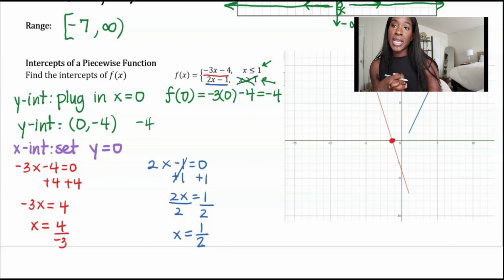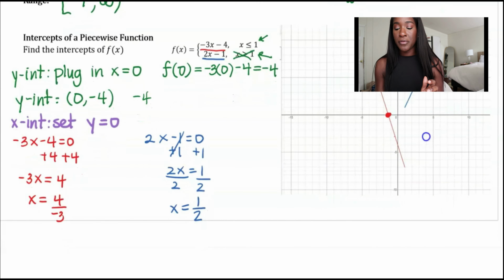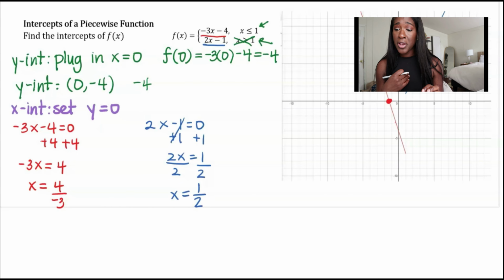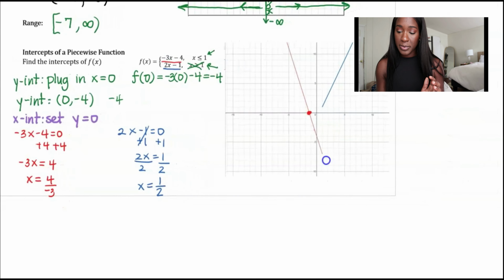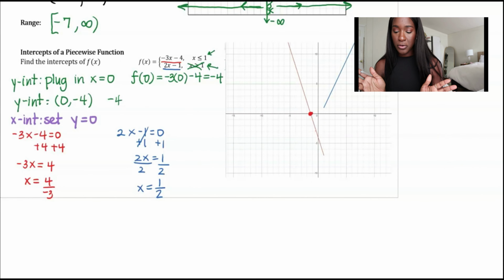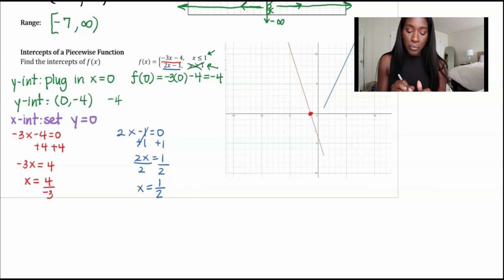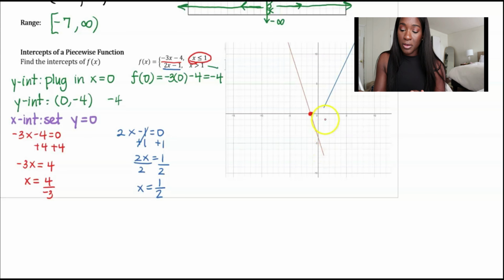Now this is where we have to be careful, because I can't just say that both of those are x-intercepts, and in fact, we know that both of them are not x-intercepts. Right? There's the graph right there. The red piece gave us negative 4/3. But remember, the red piece only exists when x is less than or equal to 1. This is where 1 is. This is where the graph splits.